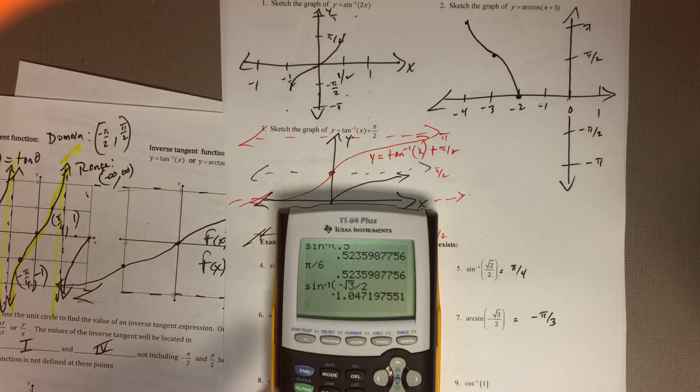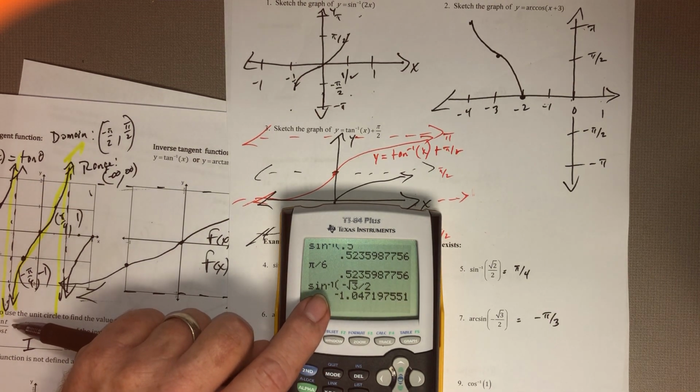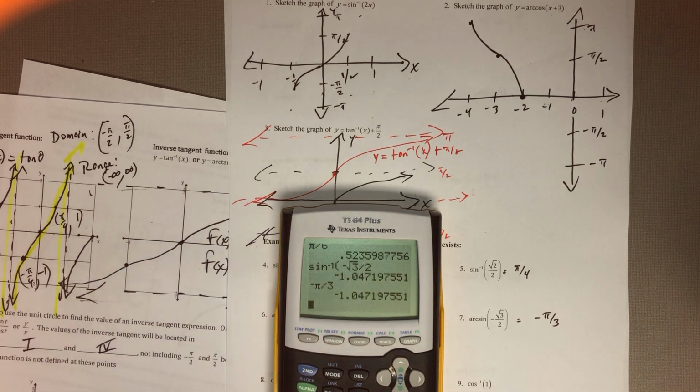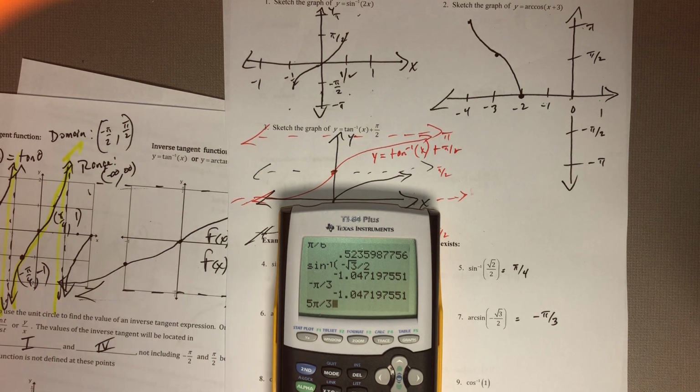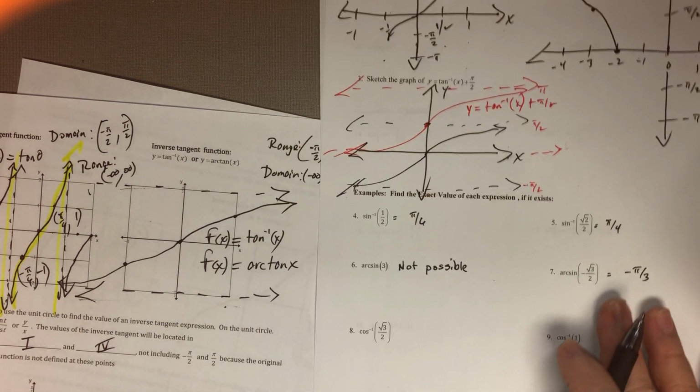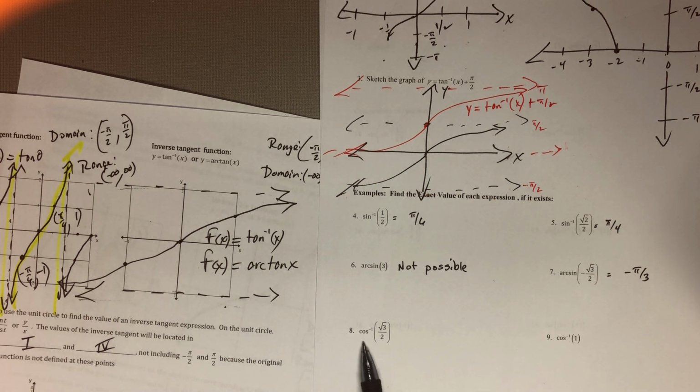It will come back and give you negative 1.047. That is the same thing as negative pi divided by 3. And that is not the same thing as 5 pi divided by 3, as you can see, so be very careful.